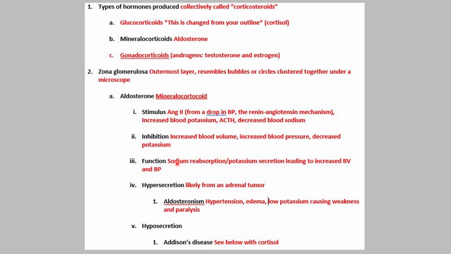So what's actually happening? We're moving more solutes, 3 sodiums, into the blood, but we're only moving 2 potassiums into what will eventually become urine. That's why more water is going in the direction of the sodium. Less water is going in the direction of the potassium. So ultimately, blood volume is increasing.